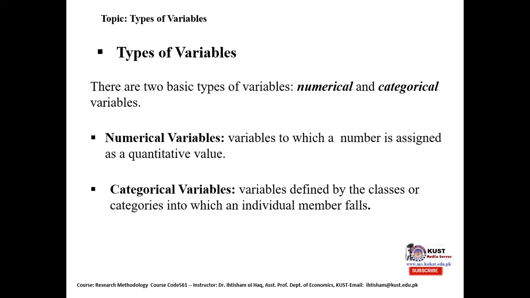For example, if we make education level classes, what is the level of education in a certain population? For example, illiterate, primary, having primary education, middle, high school, and so on. So persons are classified on basis of some categories, or the respondents are being classified into certain classes.